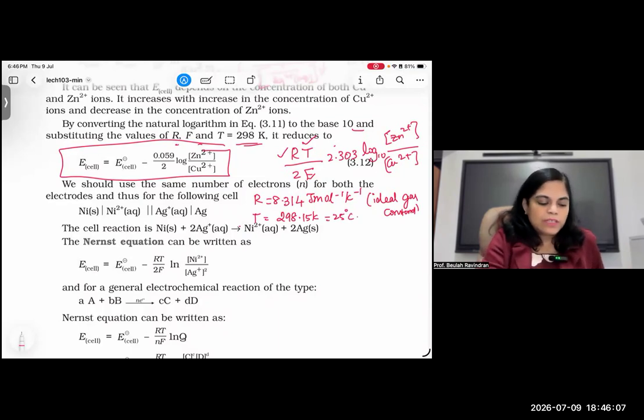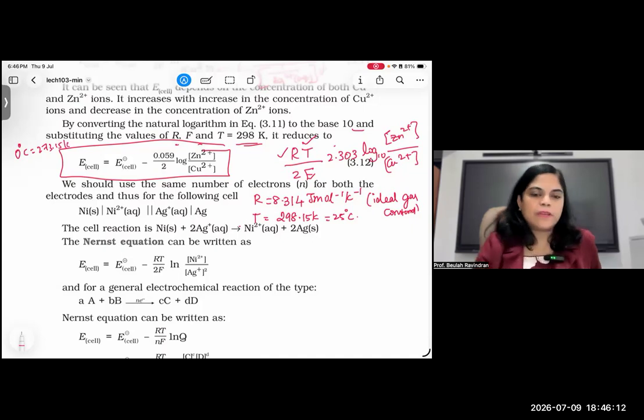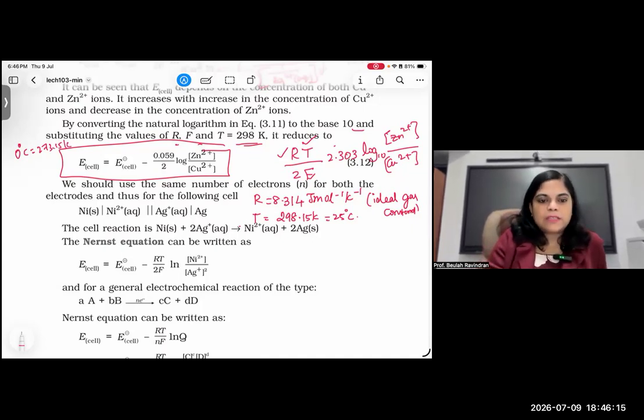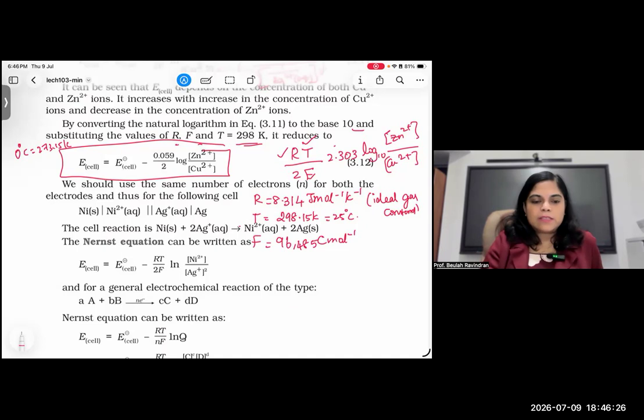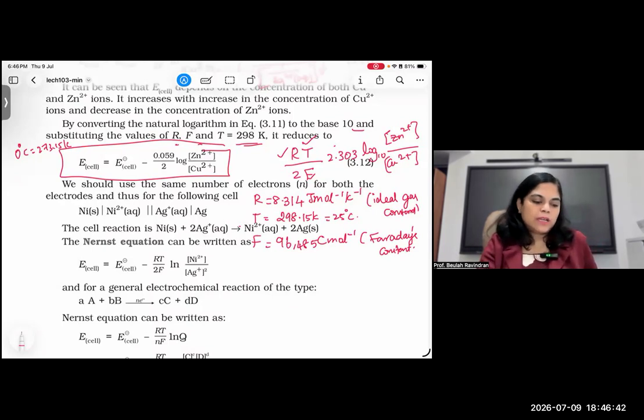Because 0 degree Celsius is equal to 273.15 Kelvin, this is the exact value. Then F is nothing but Faraday's constant. This is 96,485 coulomb per mole. It is Faraday's constant. So how many electrons are transferred? Number of moles of electrons transferred. For Cu2 plus and zinc 2 plus, n is equal to 2.